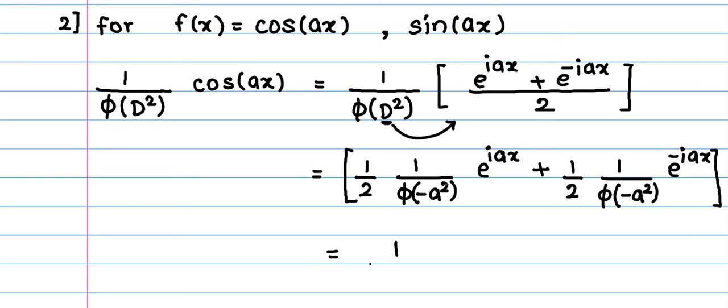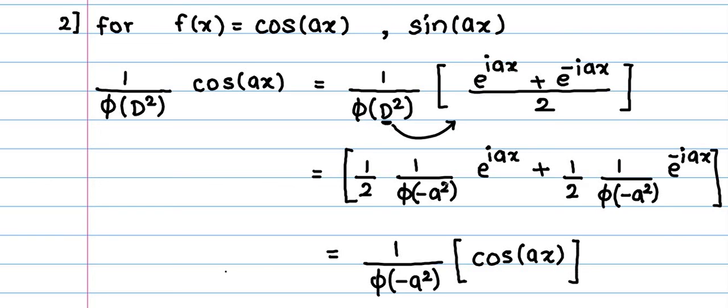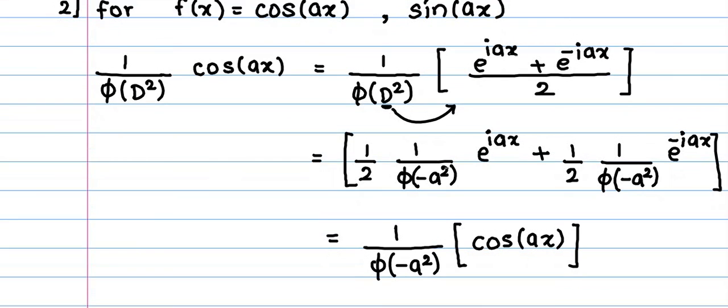So we can take phi of minus a square as it is, and the remaining term will be e raised to iax plus e raised to minus iax upon 2, that is cos ax.